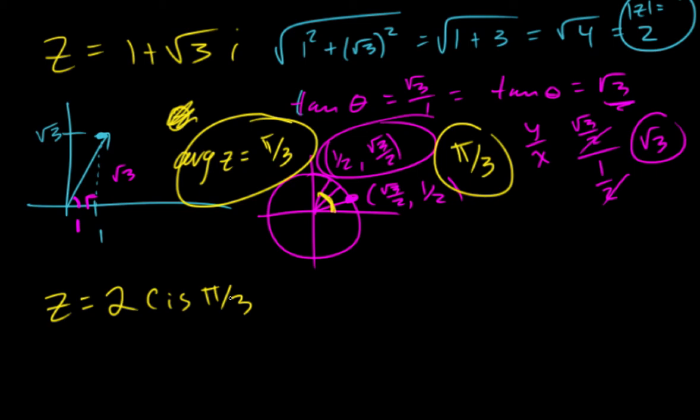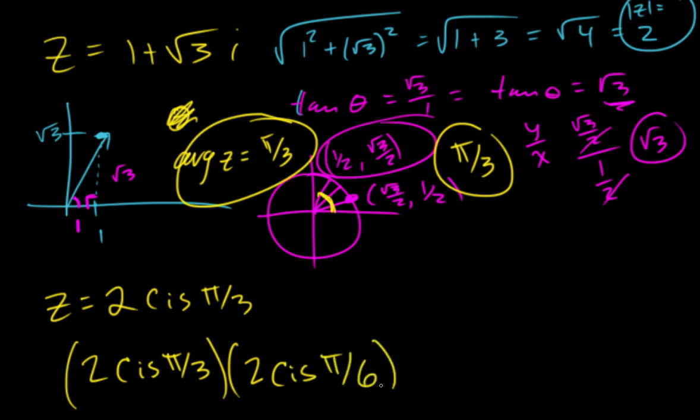And I think that's everything on part A. Now part B says, hence multiply z by 2 cis pi 6. Okay, so now we want to do 2 cis pi thirds and multiply it by 2 cis pi 6.